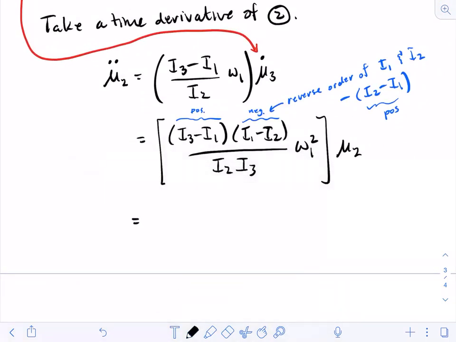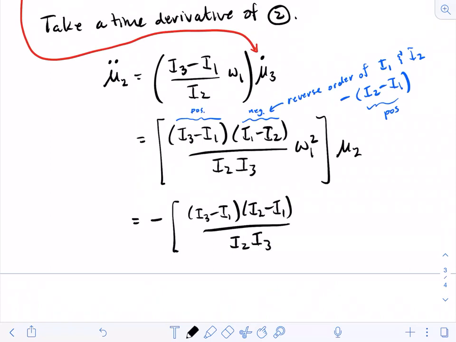So then this should be equal to minus, and what do we get? I3 minus I1, which is positive. Then we get an I2 minus I1, which is positive. Divide by I2, I3, omega 1 squared, and multiplied by mu 2.